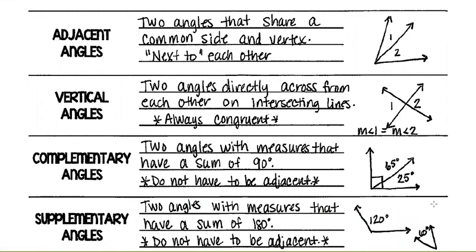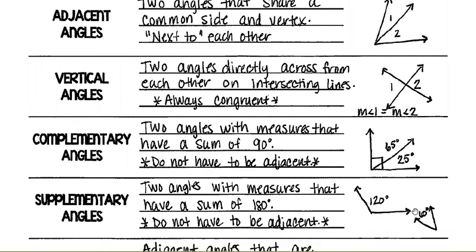Now supplementary means 180 degrees. Two angles with measures that have a sum of 180 degrees, they do not have to be adjacent. So here, 120 degrees plus 60 degrees is 180 degrees. So these angles are supplementary.